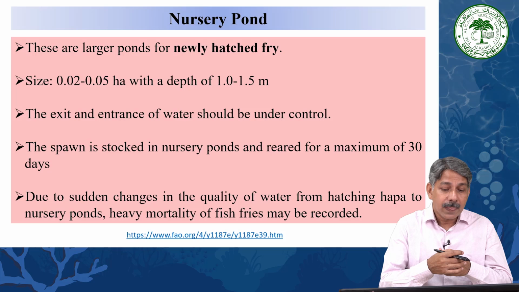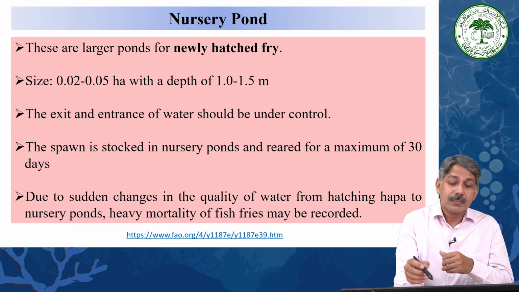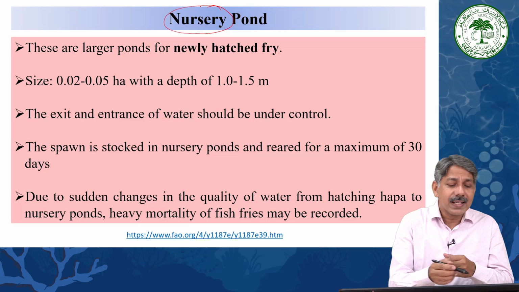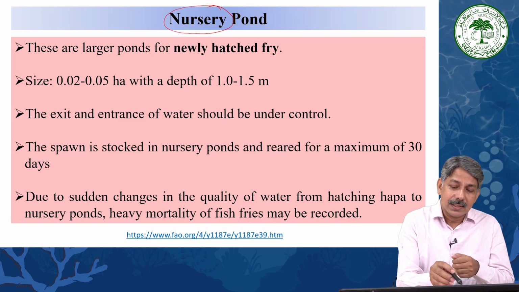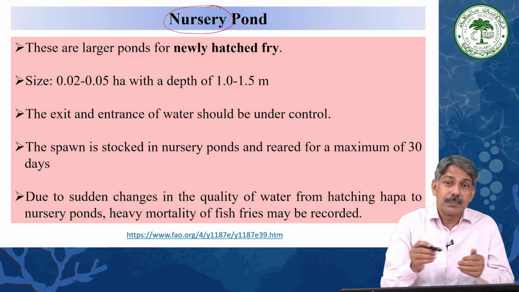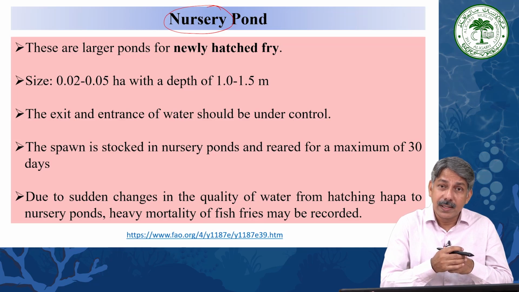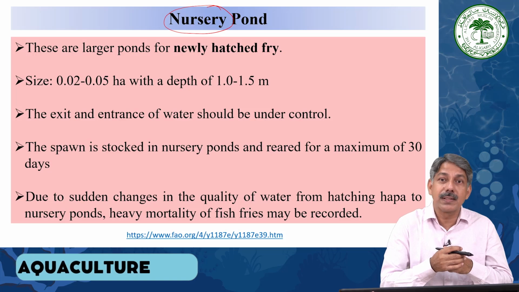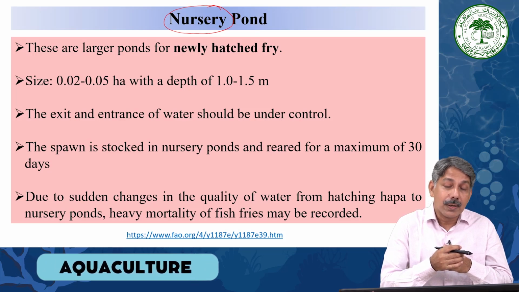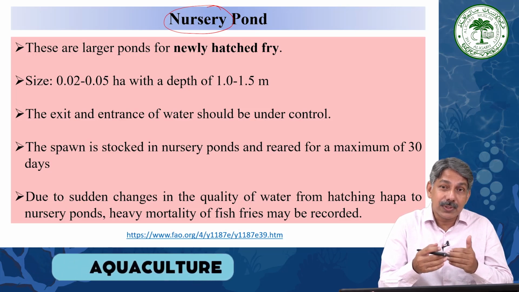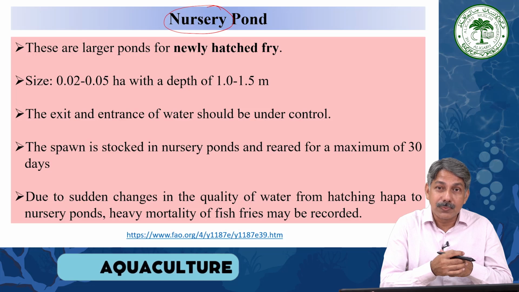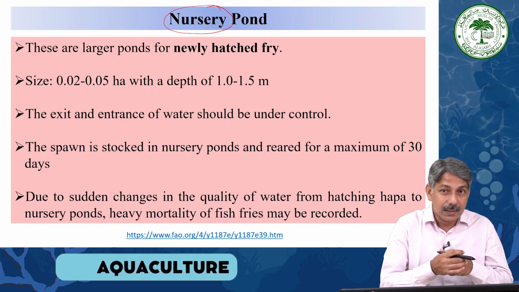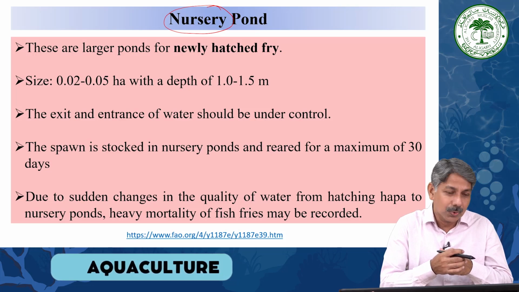Nursery ponds. These are mainly for nursing purposes, so they are not very large. We introduce fish fry, newly hatched ones where the yolk sac has been resorbed. These fishes need some kind of outside food, and they need a little larger area to move around.